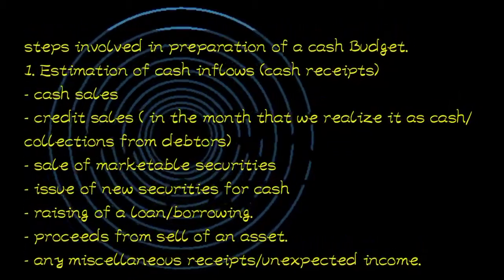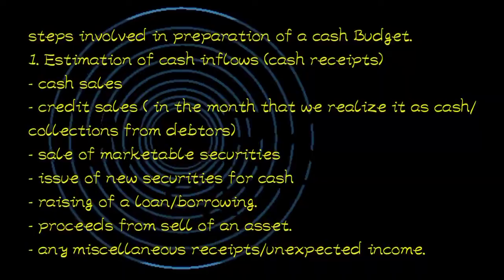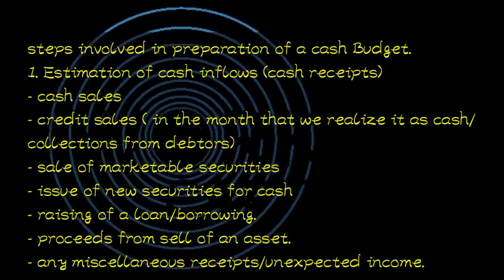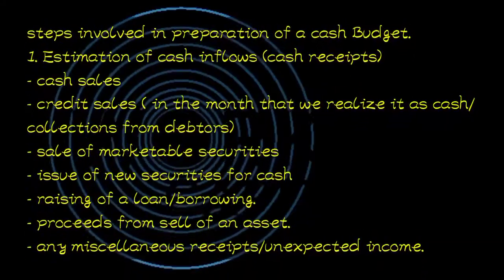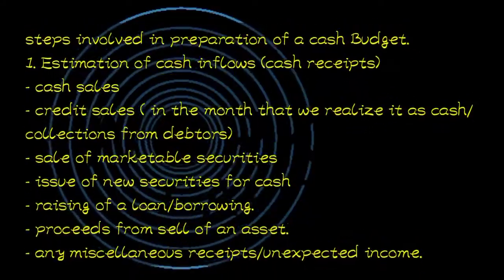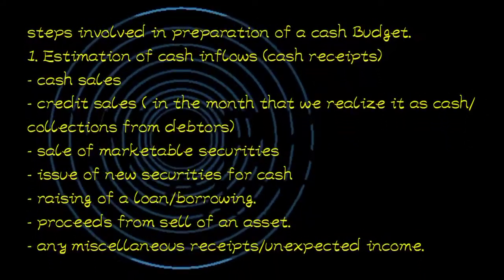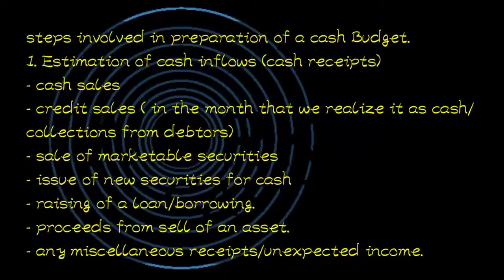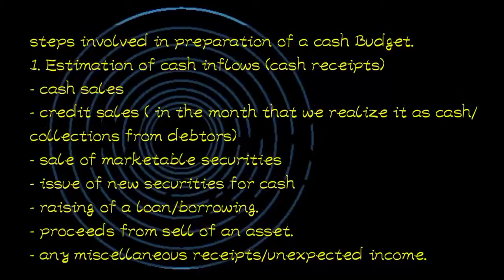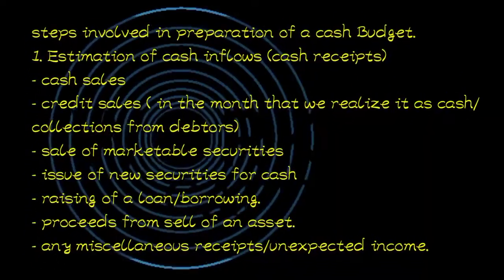And under cash inflows, we have things like cash sales, we have credit sales in the month that we realize it as cash. In the month that our customers pay us is when we record the credit sales. Credit sales is the same as collection from debtors.